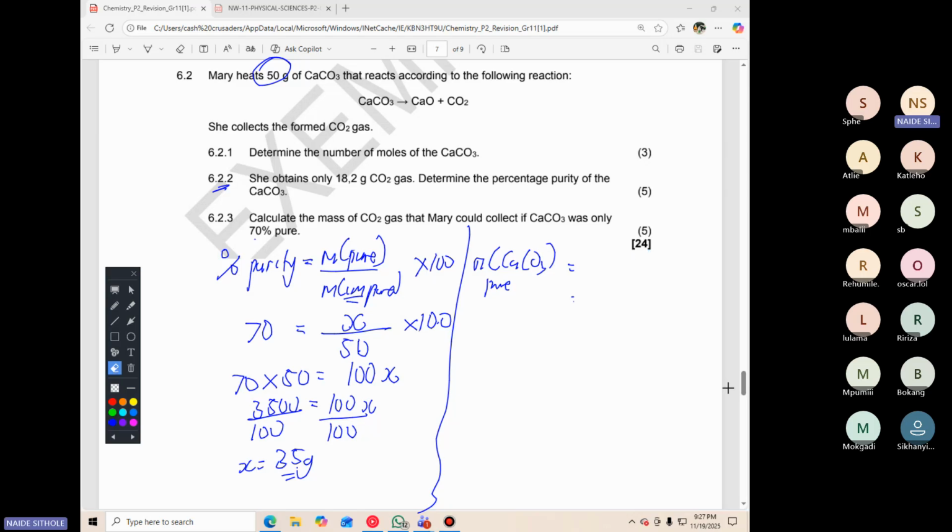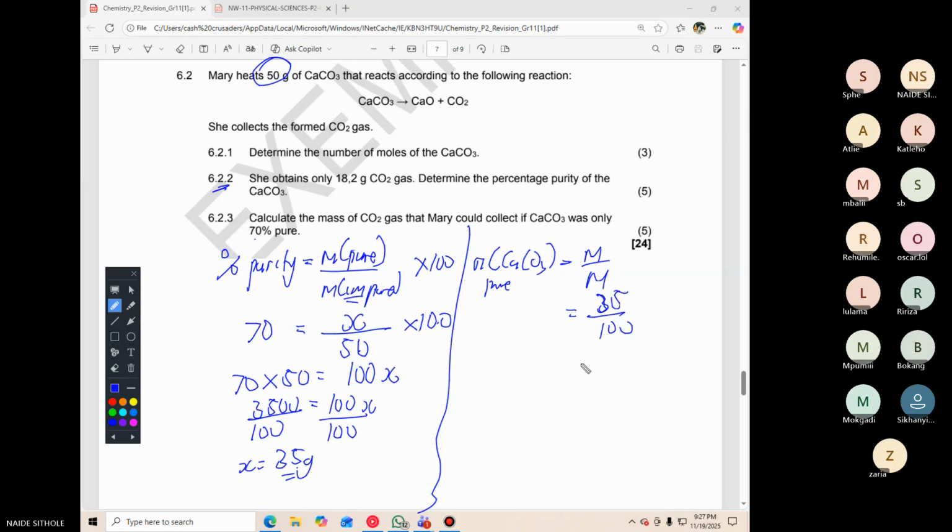Oh, what am I doing? Number of moles is equals to mass over the molar mass. 35 divided by 100, it's going to be what? 0.35 mole.